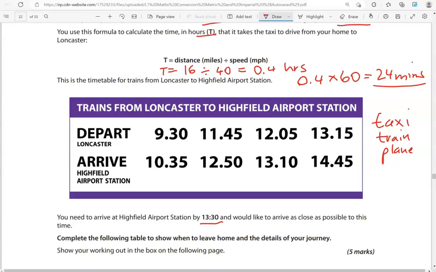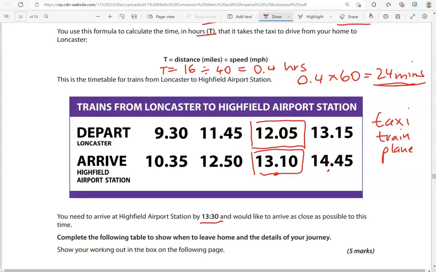Looking at arrival times for the train, we've got 10:35, 12:50, 13:10 and 14:45. 14:45 would be too late. So it needs to be 13:10, with departure time 12:05.